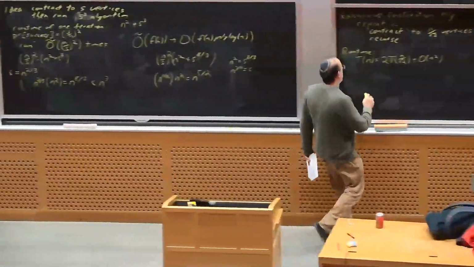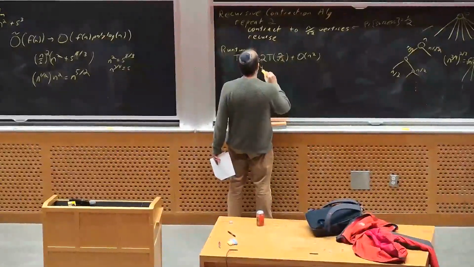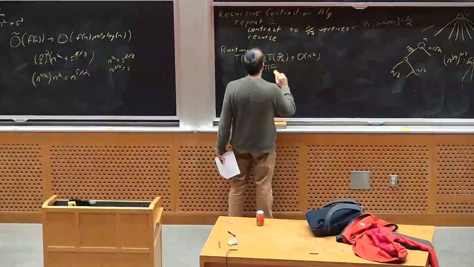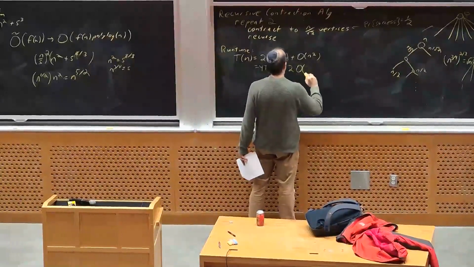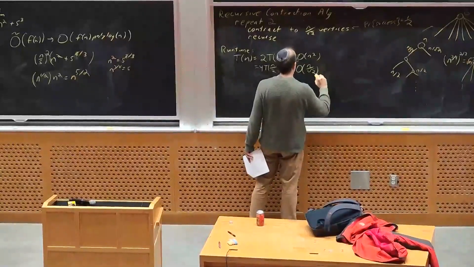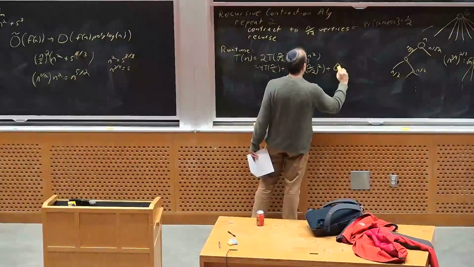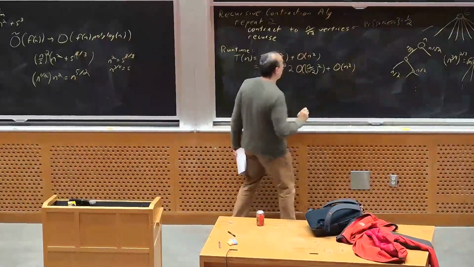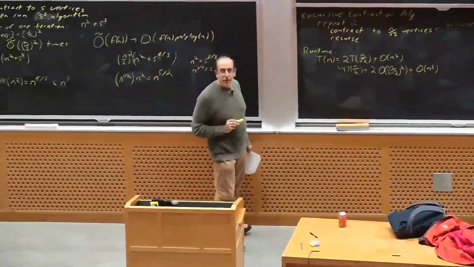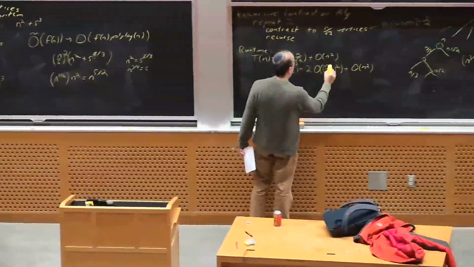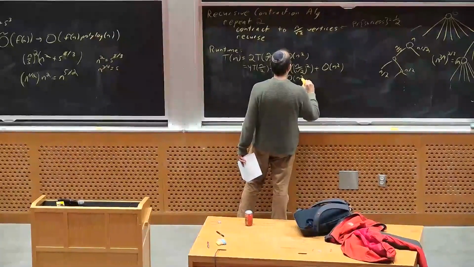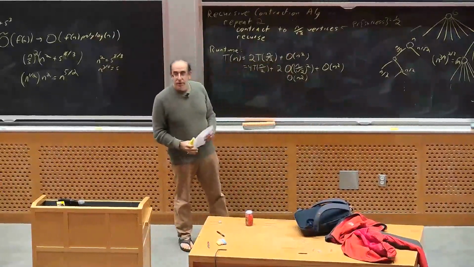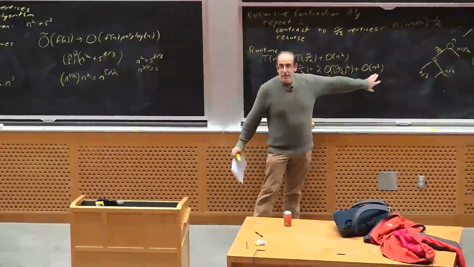Okay, if I just unroll this recurrence, this is going to be 4 times t of n over 2 plus 2 times order n over root 2 squared plus order n squared. But here I have an n over root 2 squared, which gives me a 2, and that cancels this 2, so this is just another order n squared, same constant factors as here.